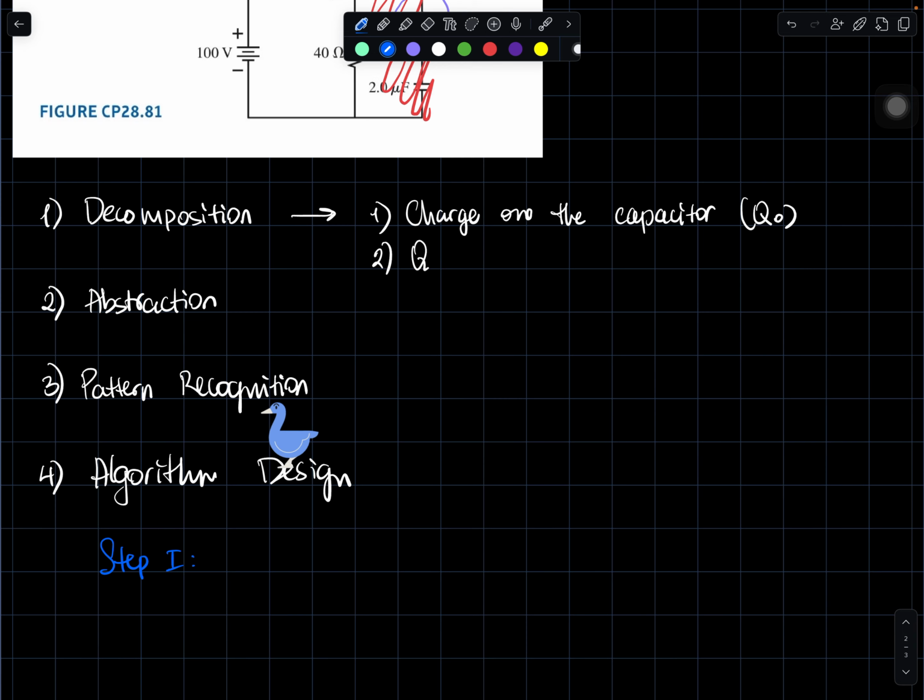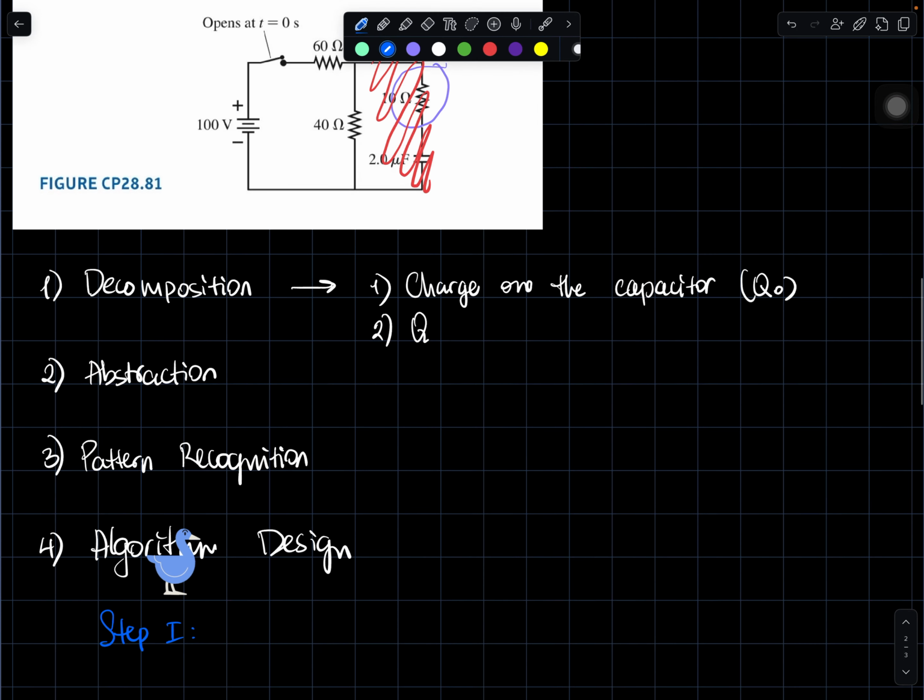We need to simplify the circuit to battery, 60 ohm and 40 ohms in series. So no current flows in here.